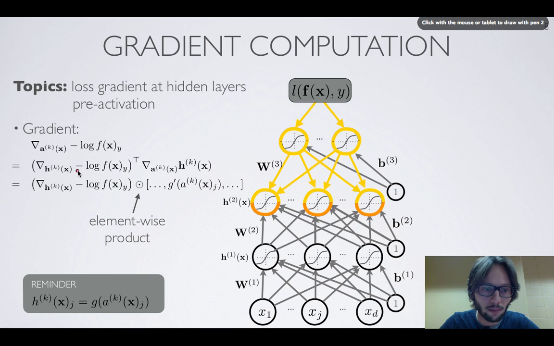But doing the vector product of this with that matrix actually corresponds to doing an element-wise multiplication with the vector of derivatives for all the activation functions evaluated at all the pre-activation values. All right, so this is how we compute the loss gradient with respect to hidden layers, both at the activation and pre-activation level.